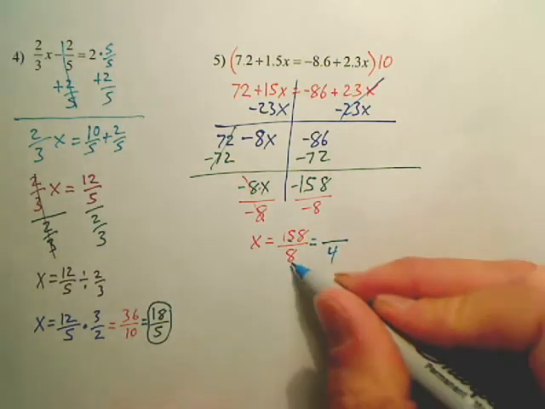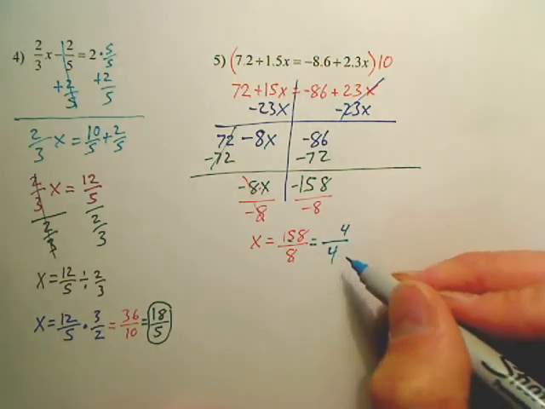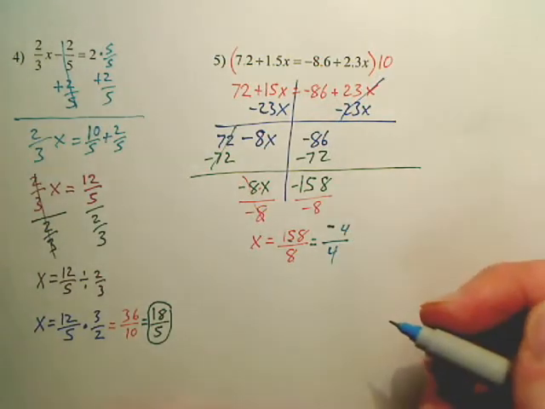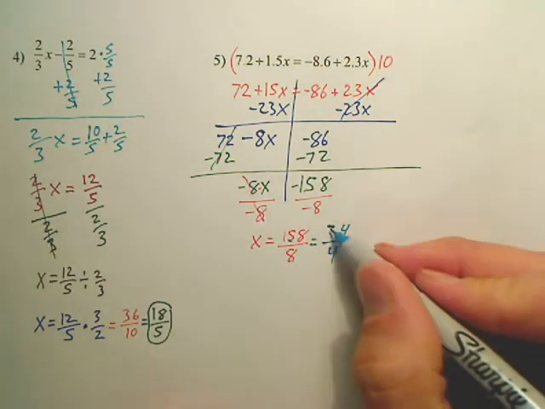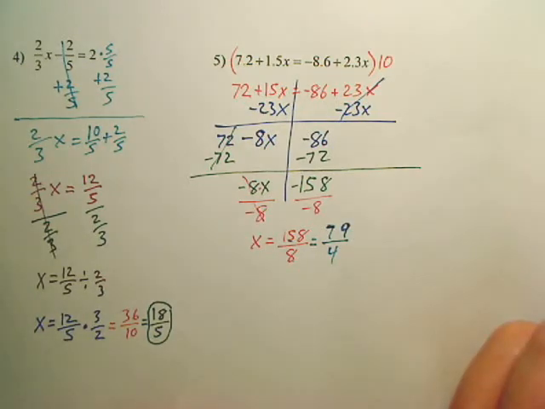First of all, that's 4. Divide this in half. That's going to be a 4. This is going to be a 74. No, wait. No, it's not a 4. 79. 75 would be 150. I think that's right. 79, I believe.